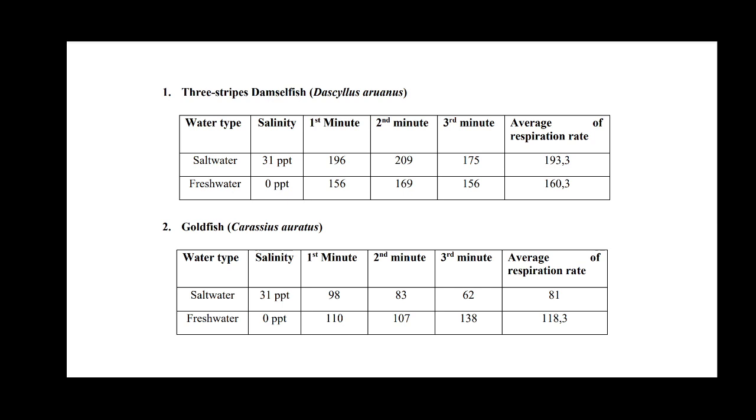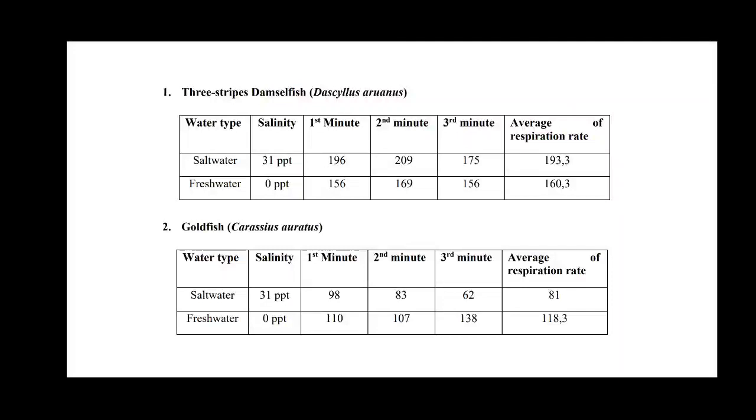Experimental result and discussion. Based on the experiment, here is a table to compare what has been observed between the two specimens. As we can see here for the damselfish, when it's in the salt water with 31 ppt of salinity as their natural habitat, they have a relatively high rate of respiration.